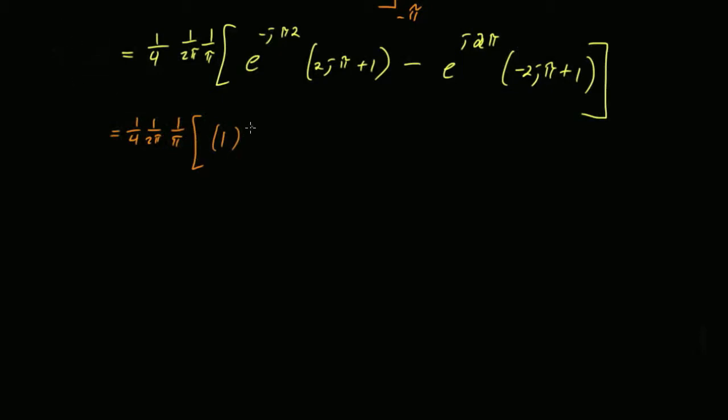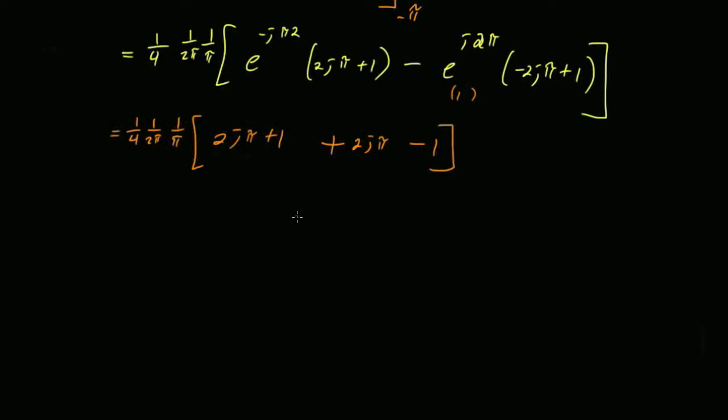So 1 times 2j pi plus 1 is just 2j pi plus 1. e to the 2j pi? 1. So it's minus is plus 2j pi. And then it's minus plus minus 1.